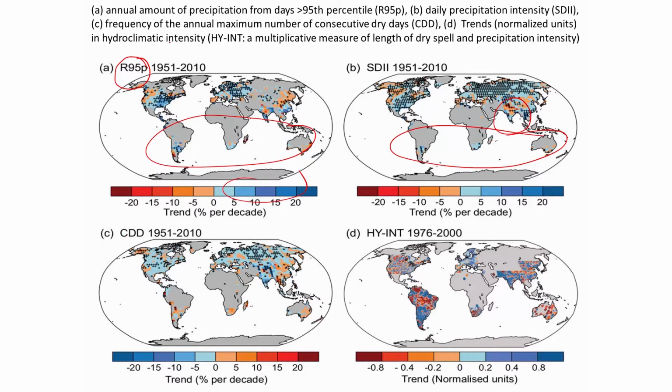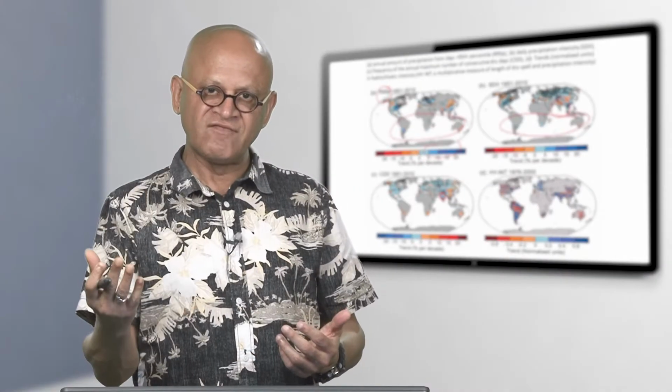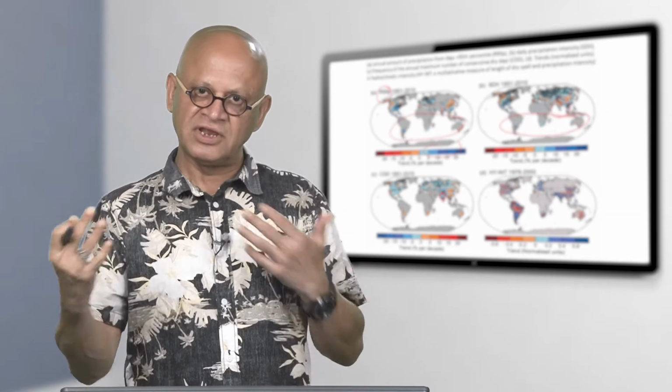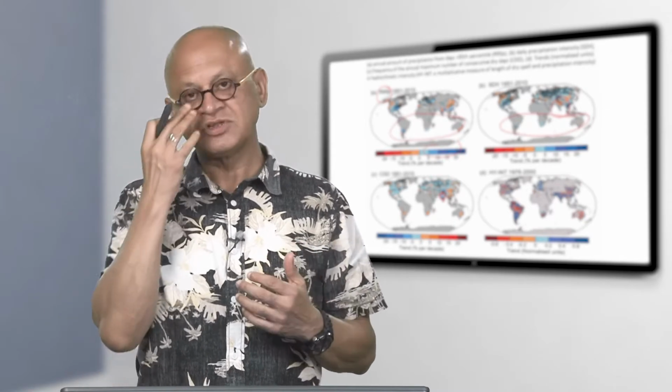Looking at it another way, frequency of annual maximum number of consecutive dry days. So that corresponds to this. Where you have changes in extreme rainfall, you are also having changes in dry days, because as I said, you are redistributing moisture, but you're also doing something else.